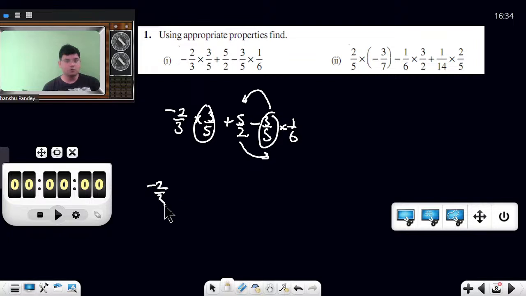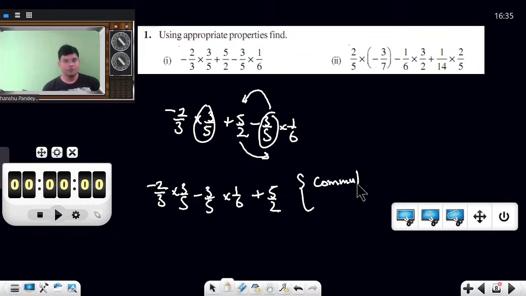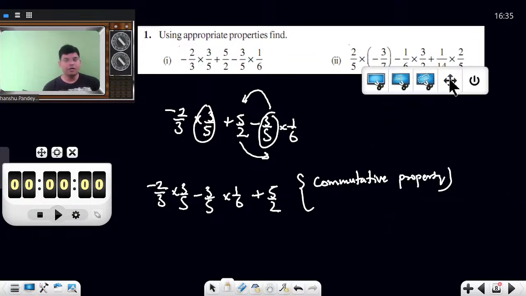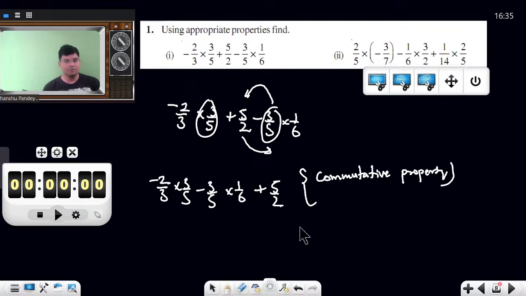We will write minus 2 by 3 into 3 by 5, now this is minus 3 by 5 into 1 by 6 plus 5 by 2. This is the first step. Which property have we used? Commutative property. Okay, if anybody has not written, please write with me.